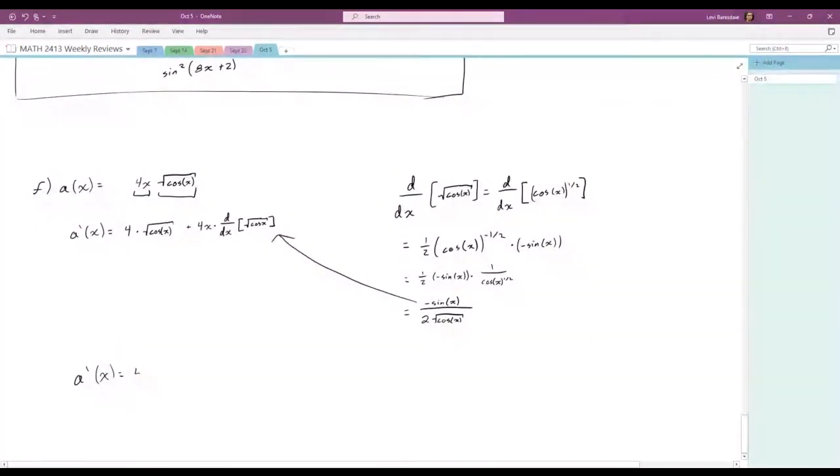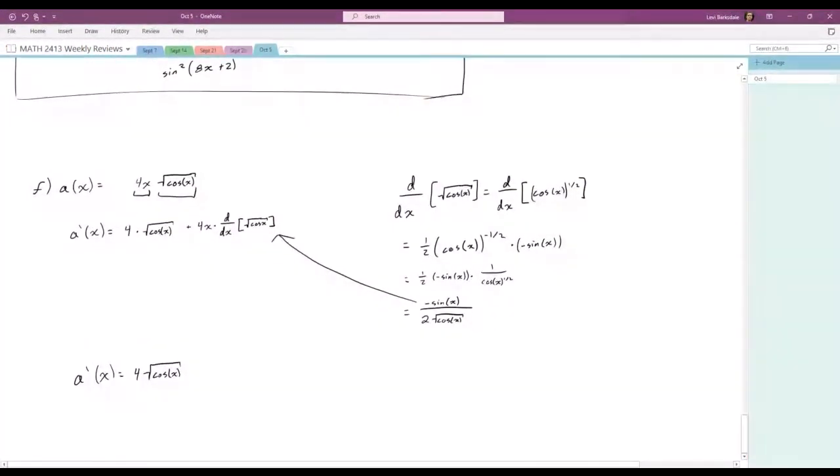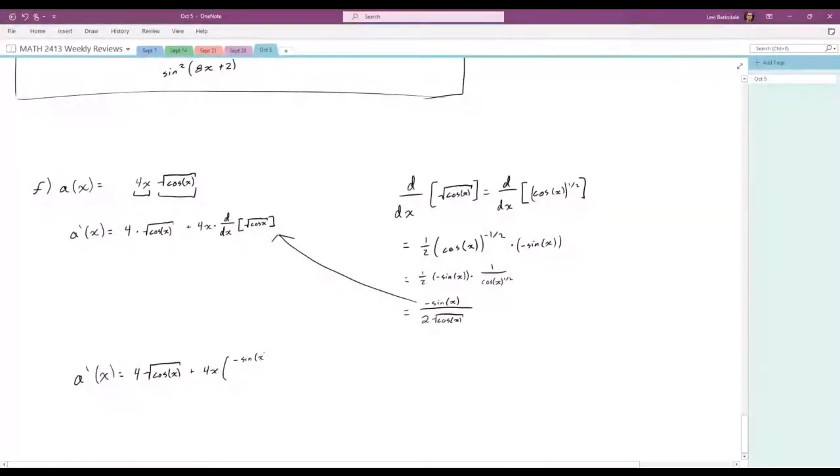So then my final answer is 4 times the square root of cosine of x plus 4x times minus sine of x over 2 square root cosine of x. And I suppose one last little thing I could do, cancel that 2 with part of the 4, and also turn that negative and just say subtraction.